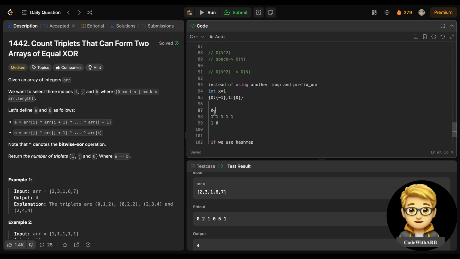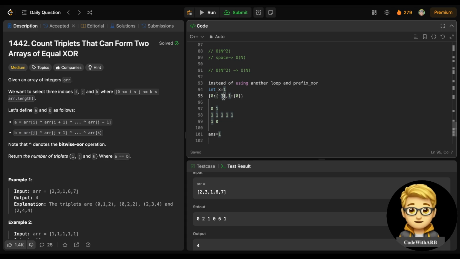This is 0, this is 1, so 1 minus 1, which is 2, and minus 1, which is 1. So between this value and the -1 index, we only got one triplet. So we need to generalize this, so the answer would be only 1, because this 0 is already present in my hash map and the index is -1.